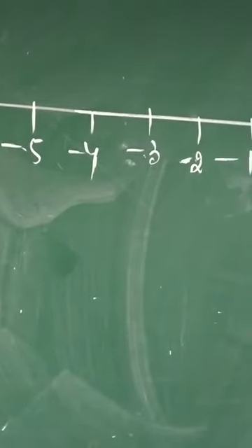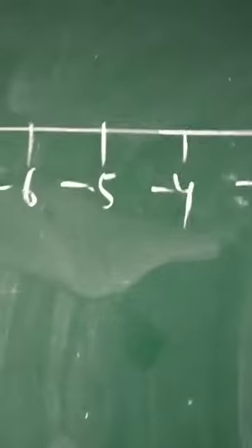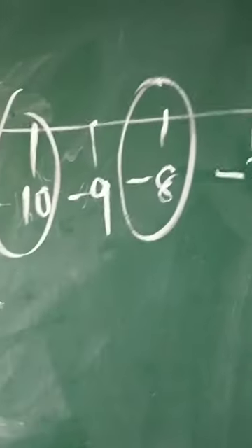So now we have to justify whether it's true or false. Statement A: -8 is to the right of -10. Now children, here is -8 and here is -10. The question is whether -8 is to the right of -10.